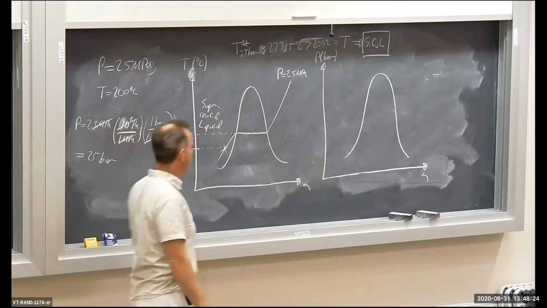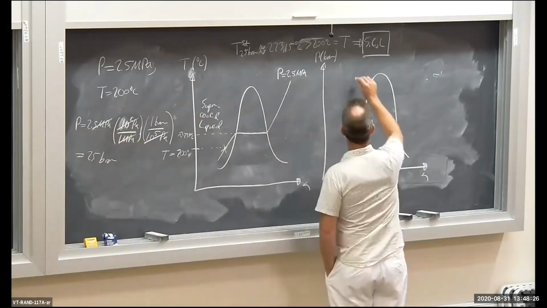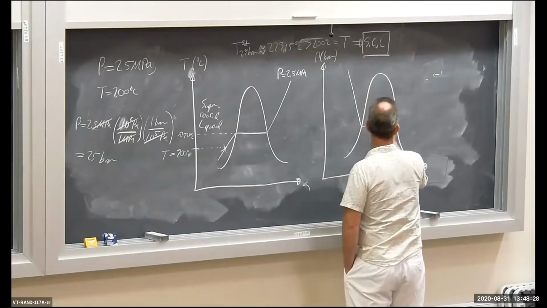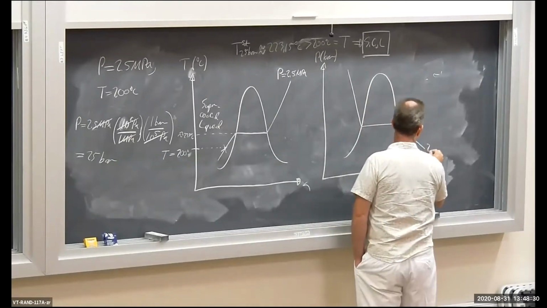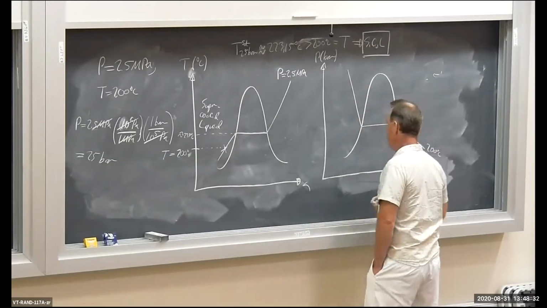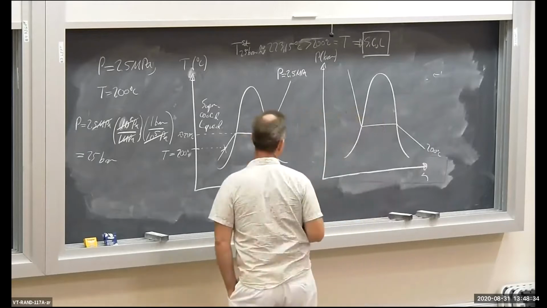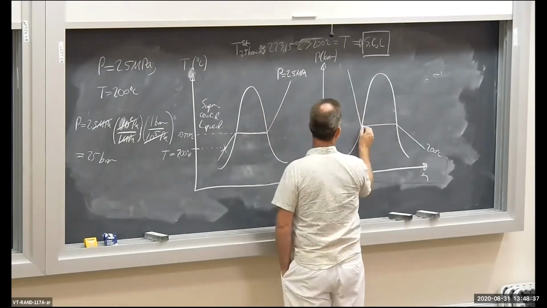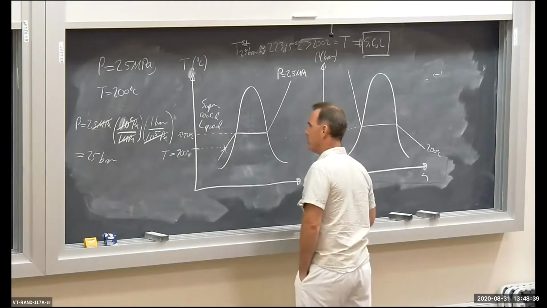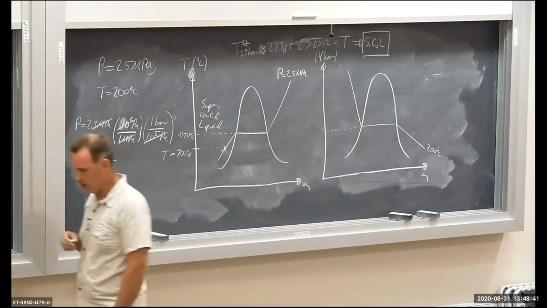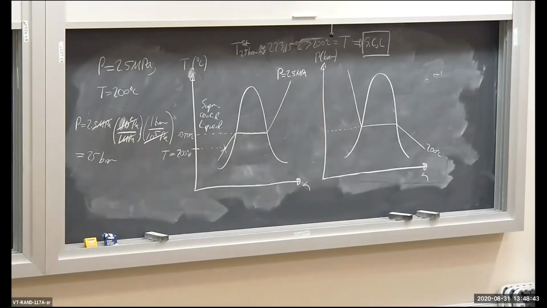Let's do the same thing on the PV plot. Here's our isotherm. So this is 200 degrees C. Let's find our boiling pressure, or Psat, at 200 degrees C. Let's have a look.